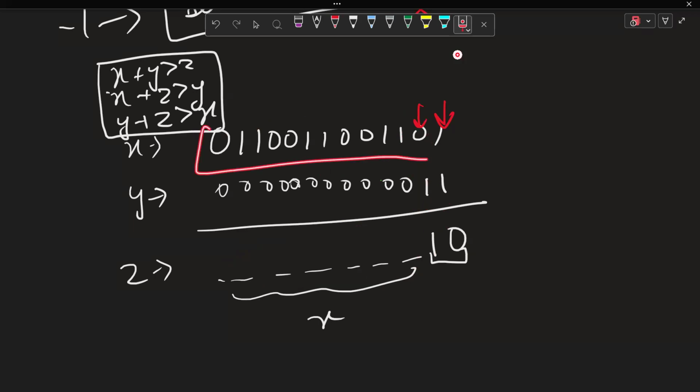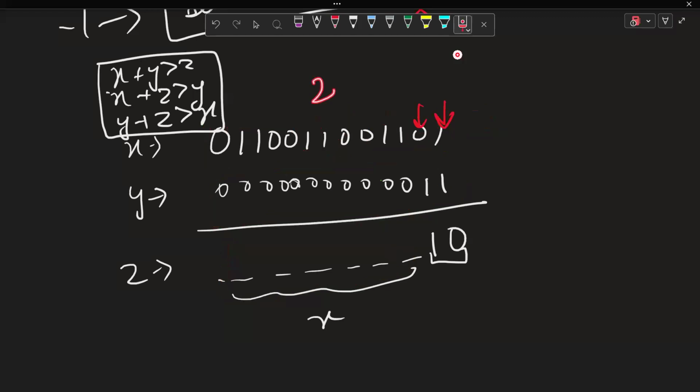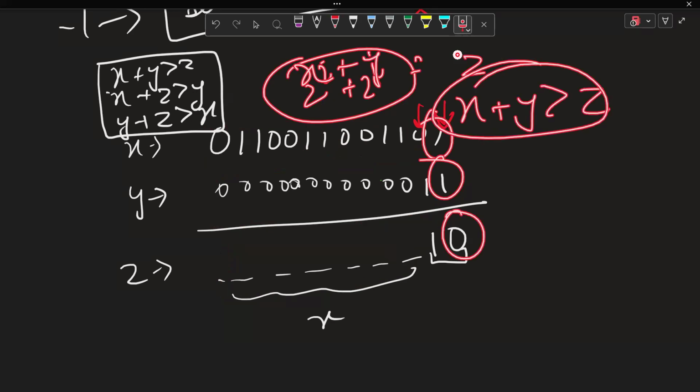So till this much, your x plus y is equal to z. But when you take this contribution, x and y both have a set bit, so it would add 2 to the power of whatever the position is there. So 2 to the power i and 2 to the power i. That much contribution would be there in x plus y, but in z, there is no contribution. So your x plus y would become greater than z.